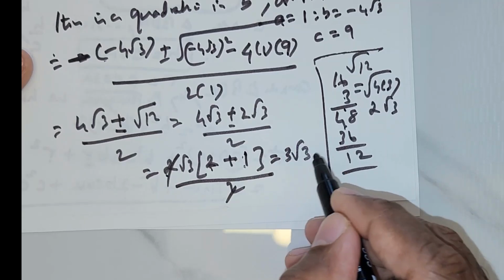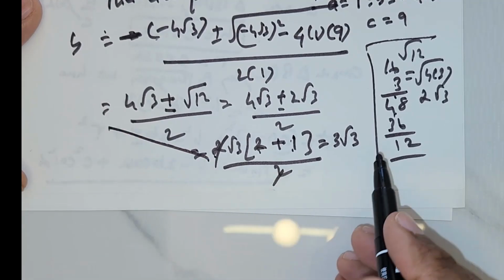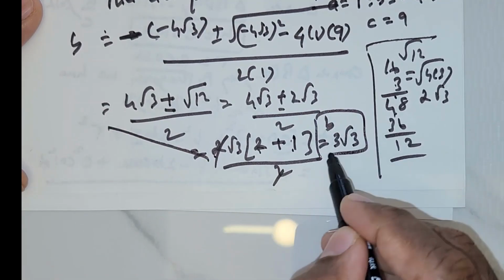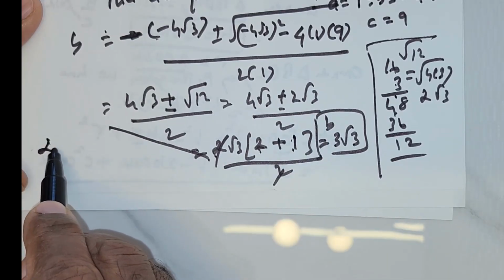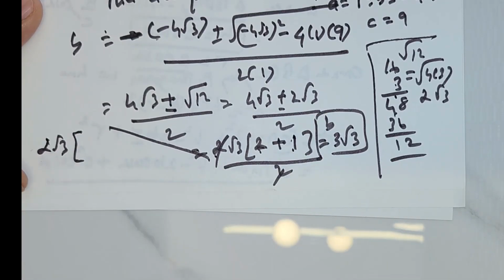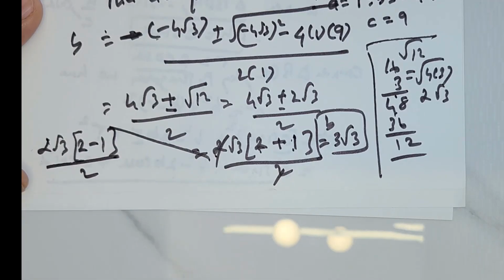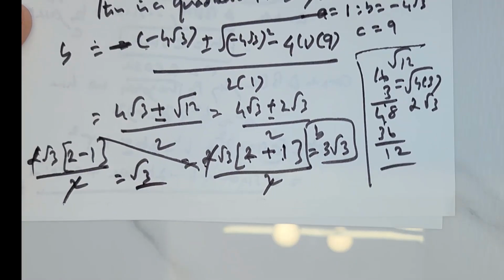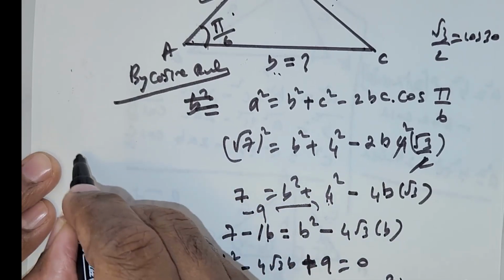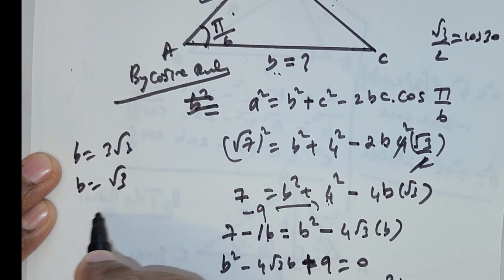So you have 3 root 3. This is one value. Now the other value is the negative sign. I take 2 root 3 out, it's going to give me 2 minus 1 divided by 2. 2 and 2 get cancelled. You get root 3. So two values are occurring here. So b is equal to 3 root 3, and b is equal to root 3.